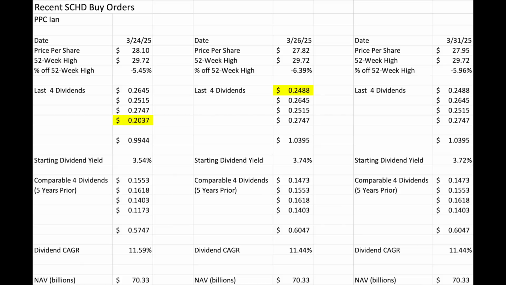And that one basically replaces the one that fell off at the bottom that was 20 cents. And so you can now see the 26-cent dividend, it's still there. The 25-cent dividend is still there. The 27-cent dividend is still there. But that one from my 3/24 trade, the 20.36-cent dividend, it's gone. And so 24.88 replaces 20.37.